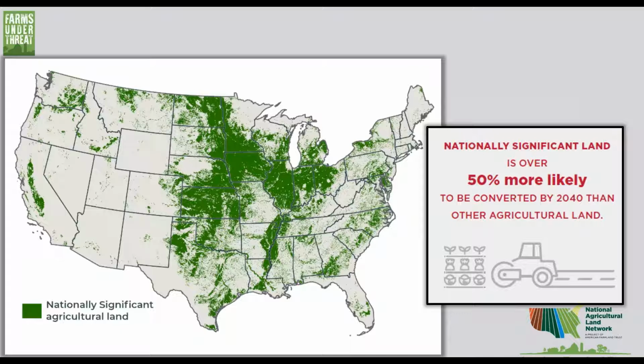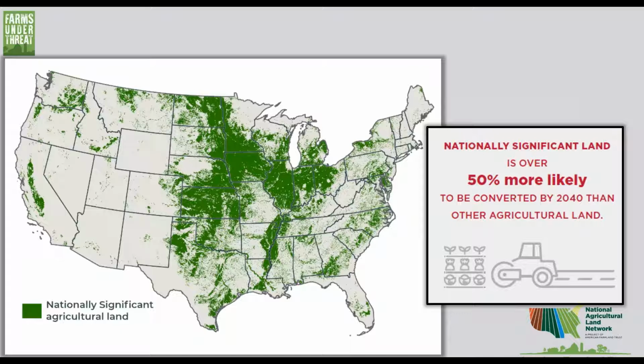Land over a certain PVR threshold, we consider to be nationally significant land, land which is best suited for long-term cultivation and food production. Obviously, you all know this well, all of the nationally significant land in Illinois is approximately 23 million acres, which is 84% of all the farmland in the state.